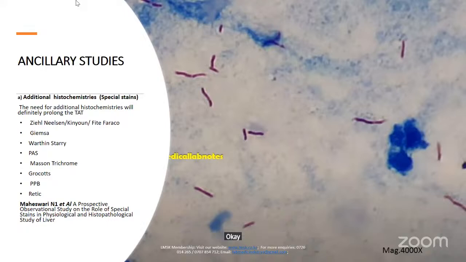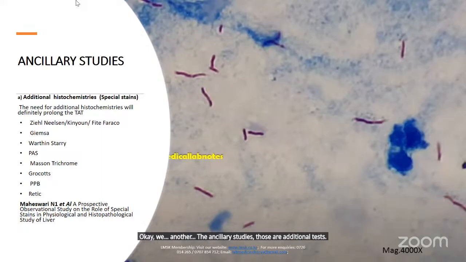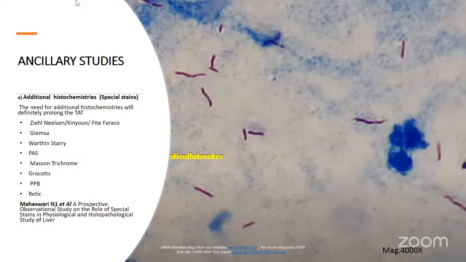Okay. Another aspect that will affect our TAT is the ancillary studies, those are just additional tests. There is the H&E, and I was talking about stains. Just additional chemistries.